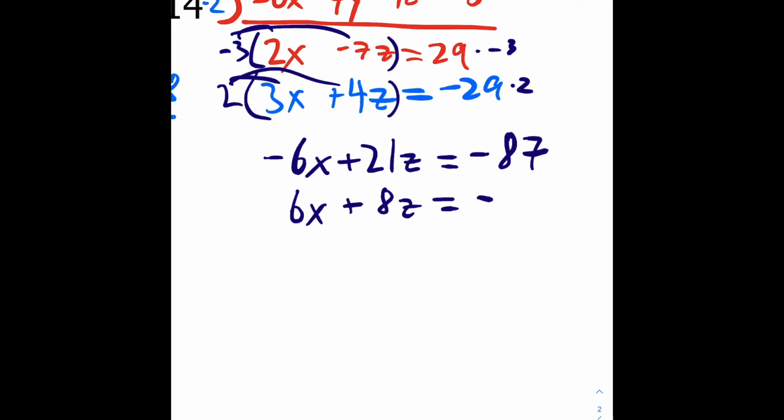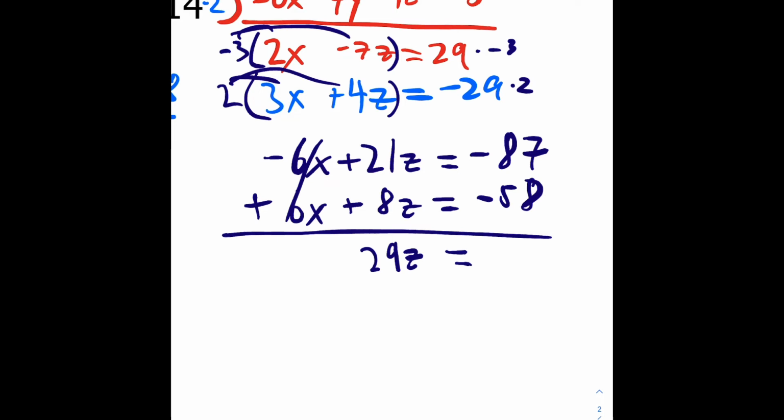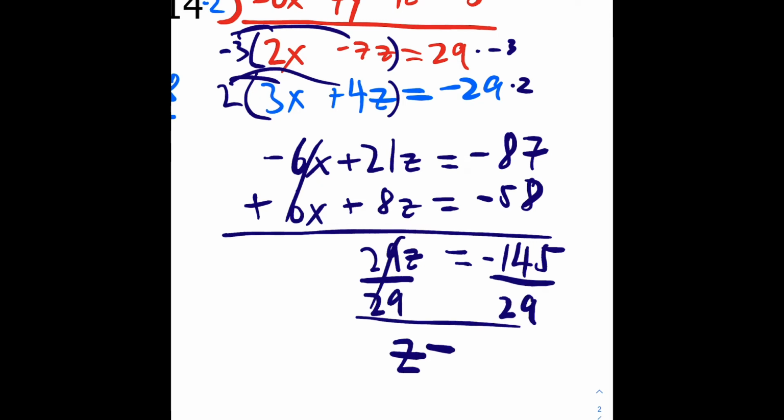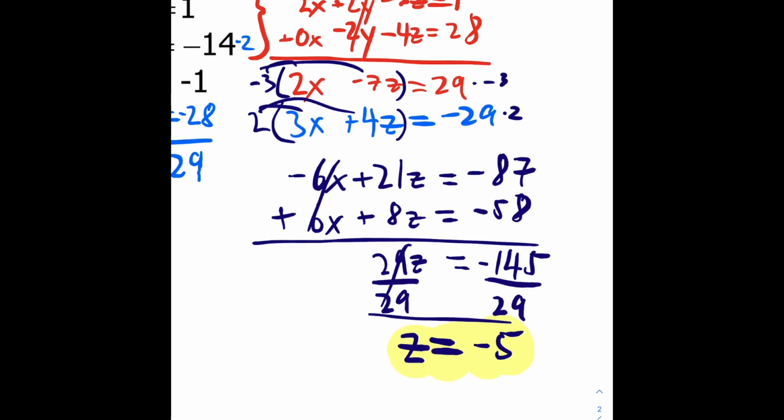That's negative 58. Add these two together. I get 29z equals negative 87 plus negative 58, which gives me negative 145. All right, divide both sides by 29. I get z equals negative 5. Awesome sauce. So there's my z.